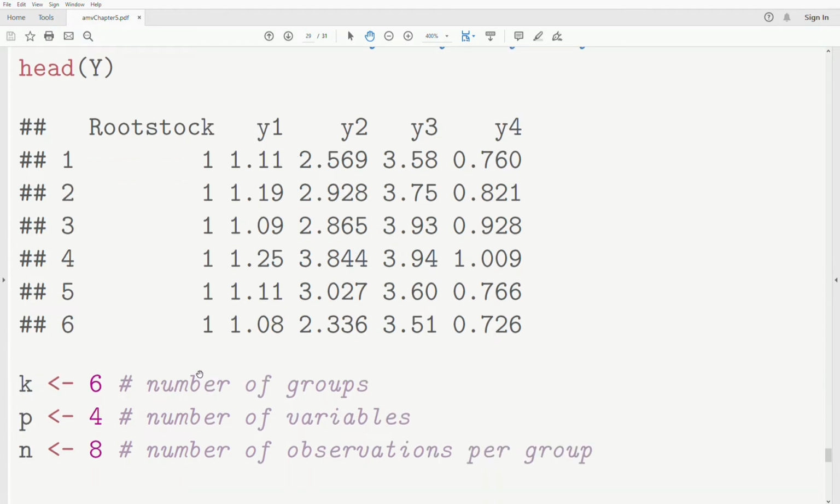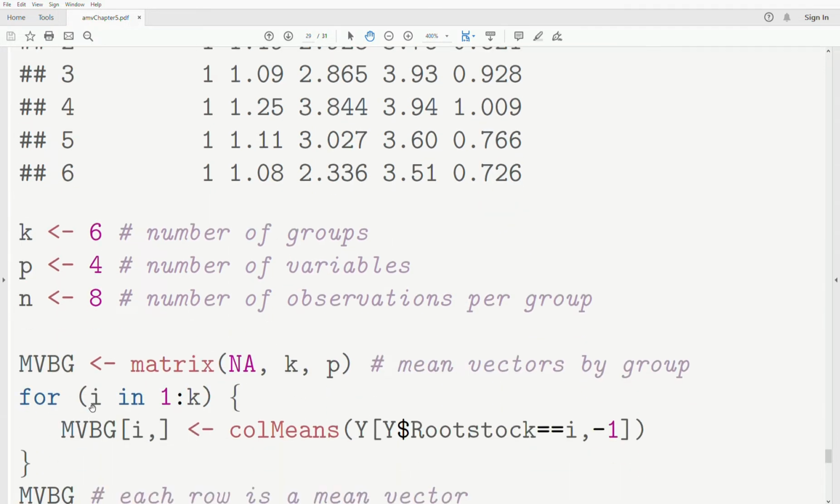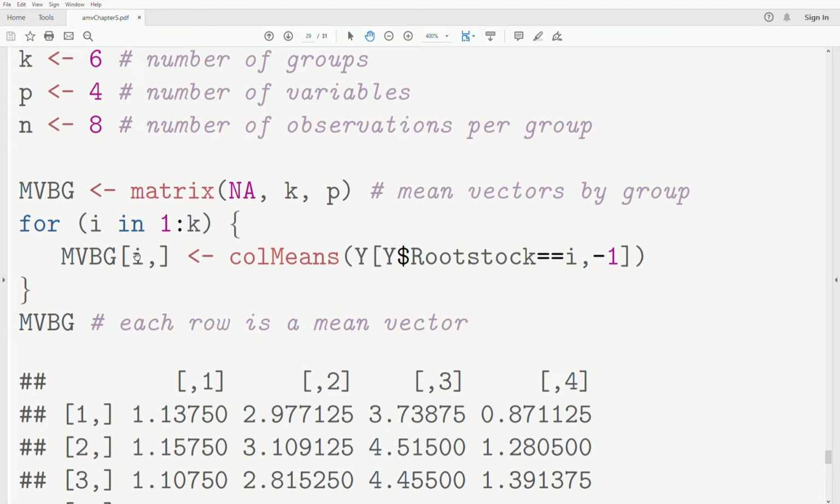Here there's 6 groups. P is 4, it's the number of variables, and there's 8 observations per group, so that's N. Now let's look at the mean vectors by group, and that's what MVBG stands for. Essentially we just calculate the column means for a given rootstock, and then we store it in this matrix, MVBG.